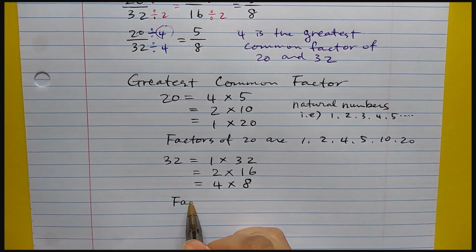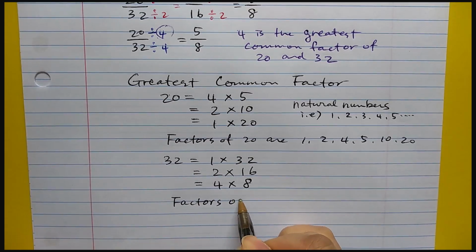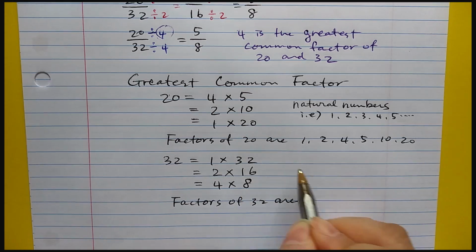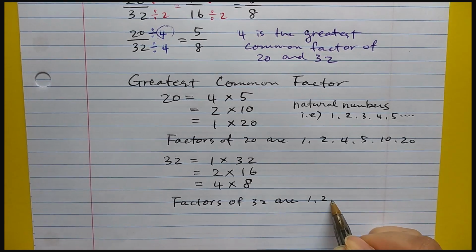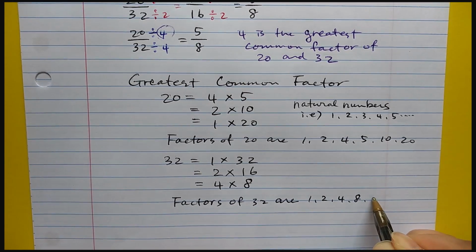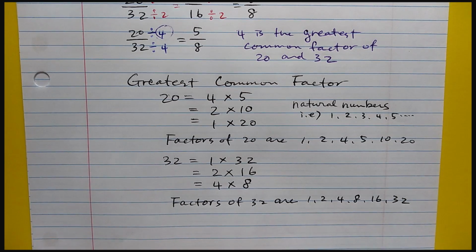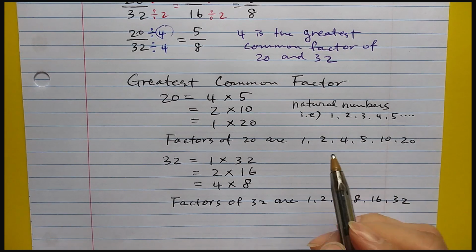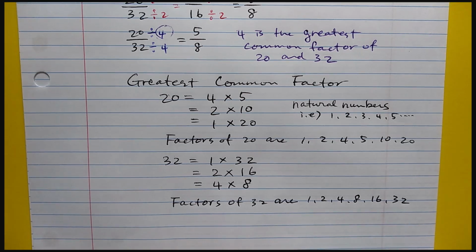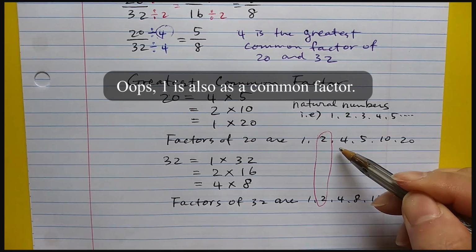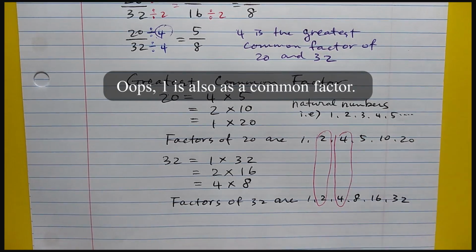So factors of 32 are all these numbers: 1, 2, 4, 8, 16, and 32. And take a look at these two lists. There are common numbers, which are 2 and 4.